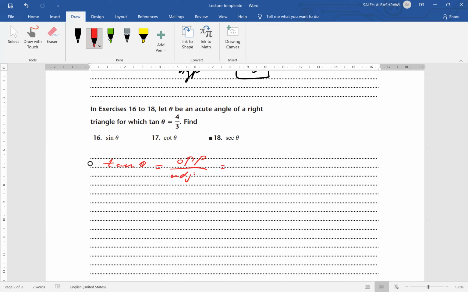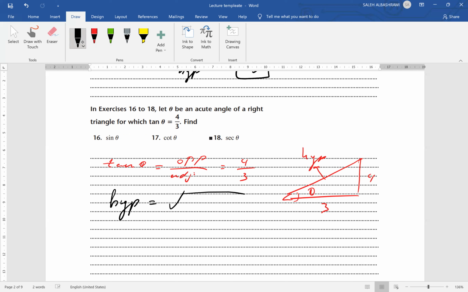Since it is equal to 4/3, it means the opposite is equal to 4 and the adjacent is equal to 3. If we draw this triangle, this is theta, the opposite equal to 4, the adjacent equal to 3. So the missing one is the hypotenuse, and we need to find it using the Pythagorean theorem.